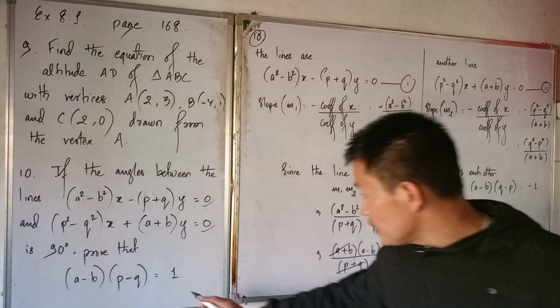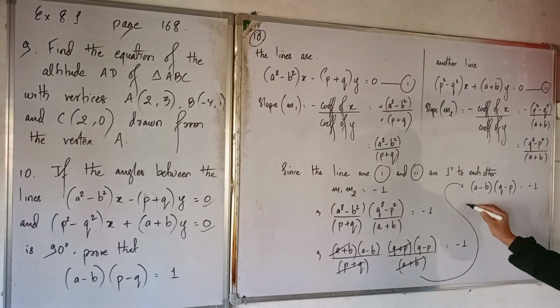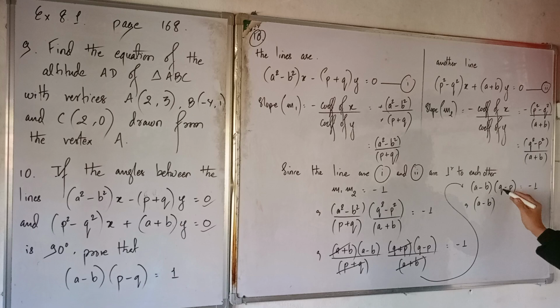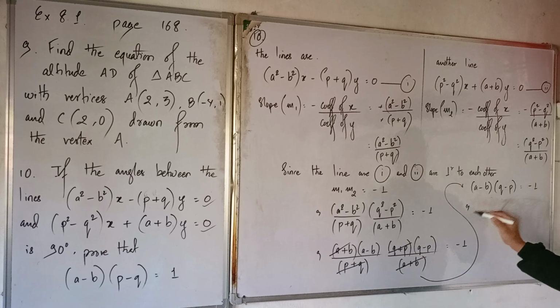But we have to prove this: (a minus b)(p minus q) is equal to 1. Now, in a minus b, this q minus p can be written as p minus q, and this minus sign will become positive. Or if you don't understand this, let's put it this way. This is a minus b.